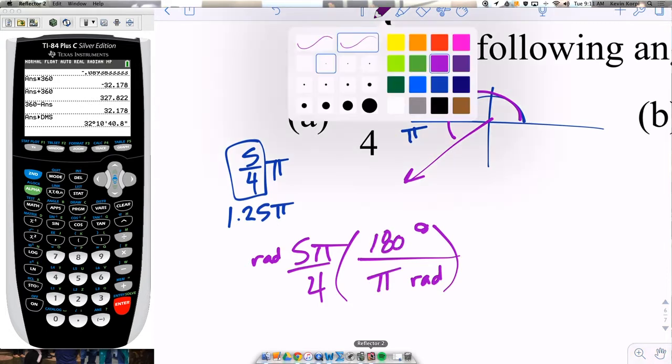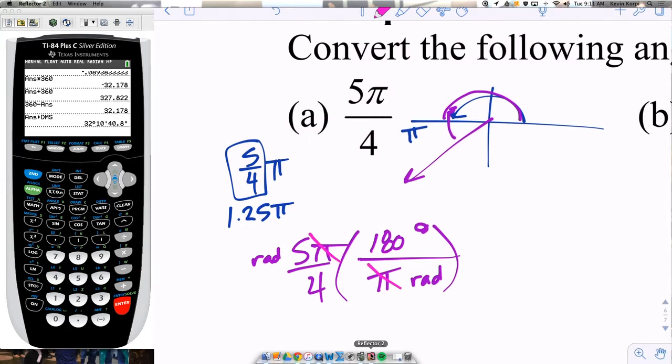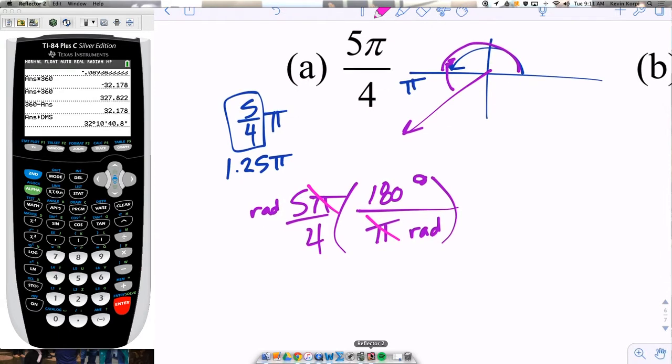Now, notice if we leave pi visible, it's great. Your pi's divide out. And then a fourth of 180 is what? 45? And what's 45 times 5? Should be 225. Or we're going 45 past 180.